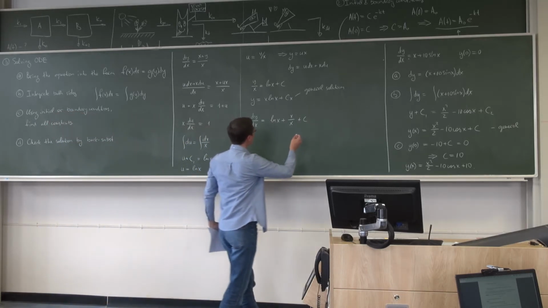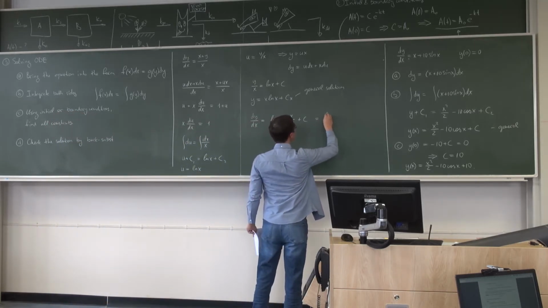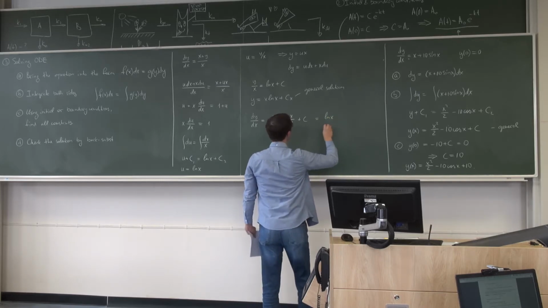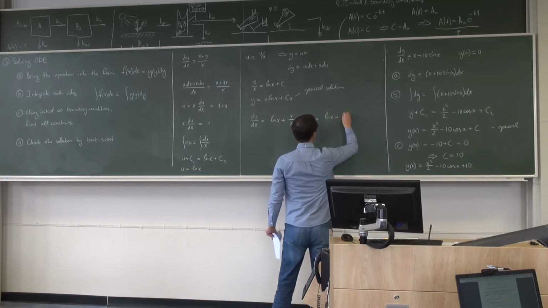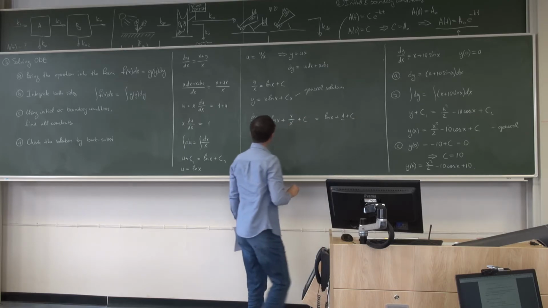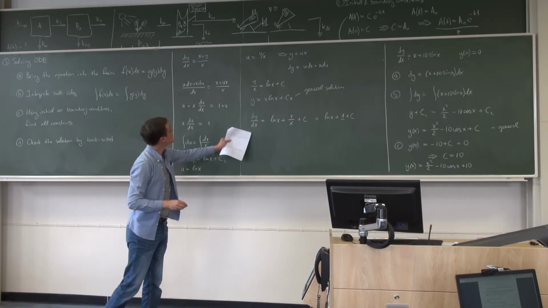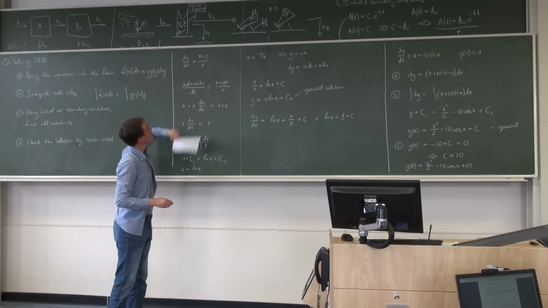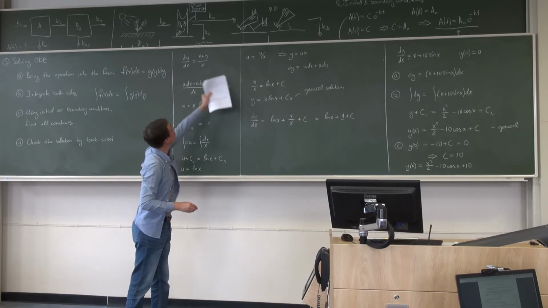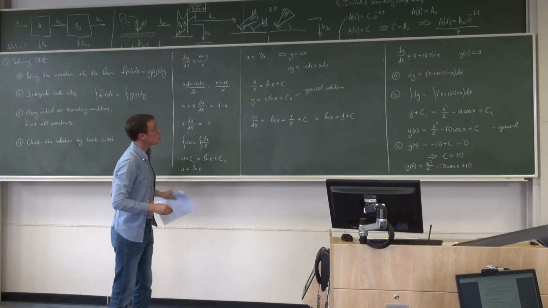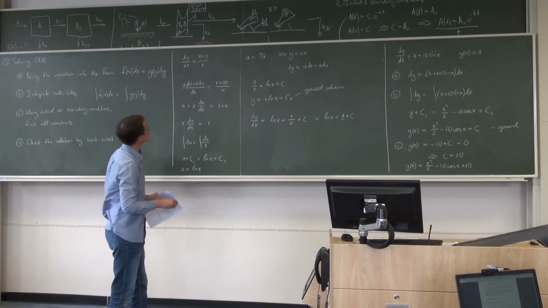And, well, it simplifies. So it's log x plus 1 plus the constant. And then what we would need to do is put this derivative over here and put our solution over there and check whether that's actually true.